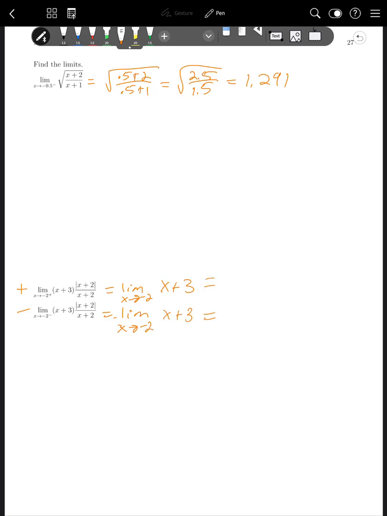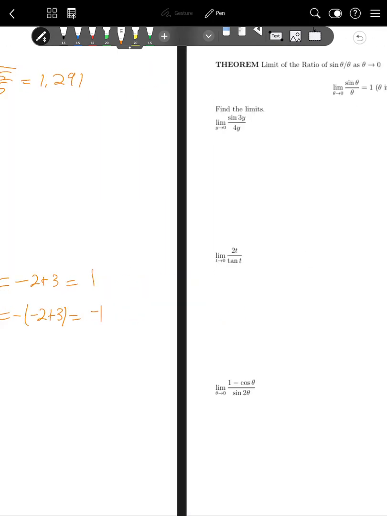So that would be negative 2 plus 3, which is 1, and this will be the opposite of negative 2 plus 3, which is negative 1. Okay, so sometimes you have to be careful when using technology. It might not always work out exactly the way you expect, but you can use the technology plus what you know about calculus together to get the correct answer. And that's what we're doing here.